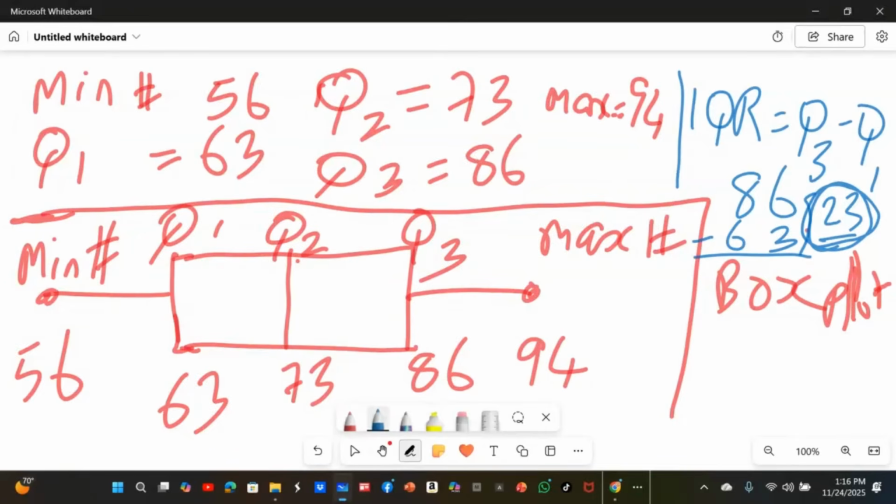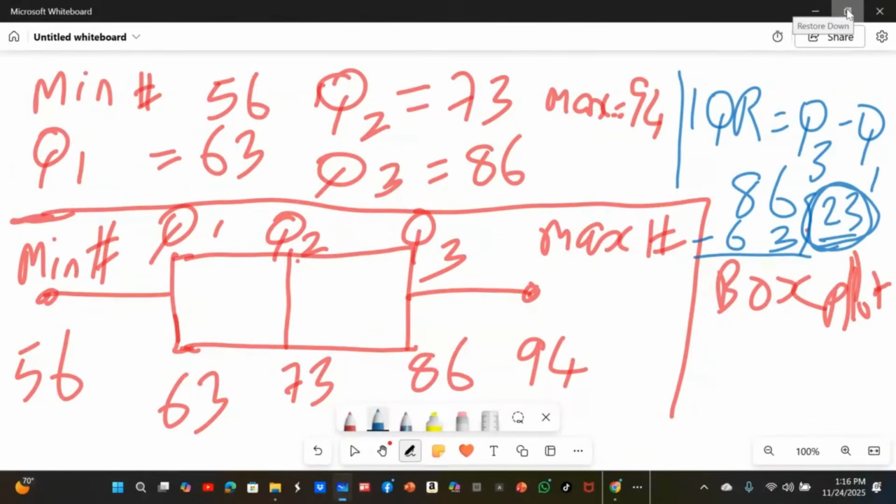The third quartile, 86, means the person who scored 86% did better than 75% of the class. So that's how we interpret quartiles. So that is the question on Professor Dang's first test.